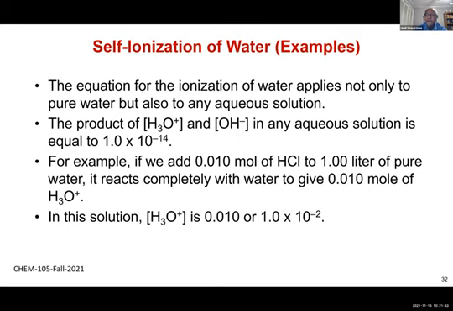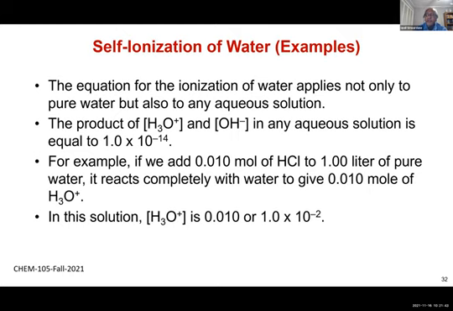Therefore, Kw, 1 times 10 to the negative 14, divided by 1.0 times 10 to the negative 2 is 1 times 10 to the negative 12.